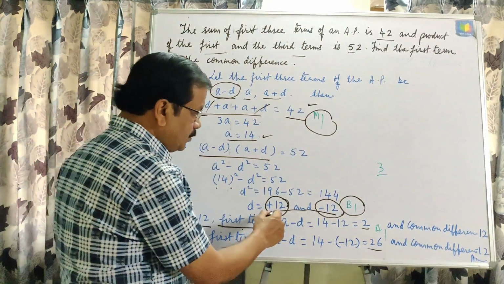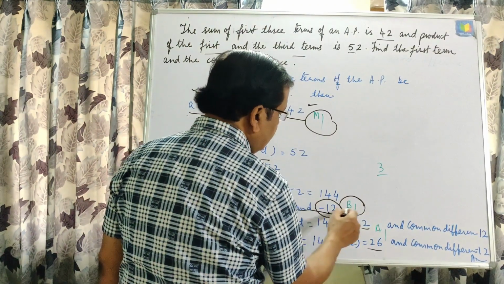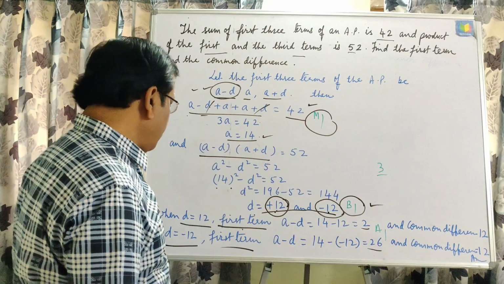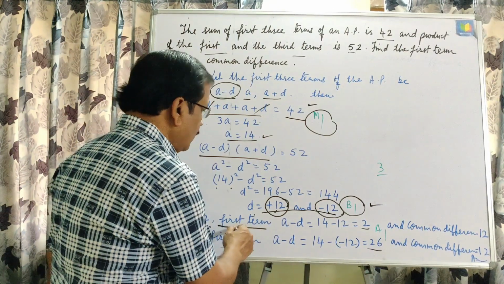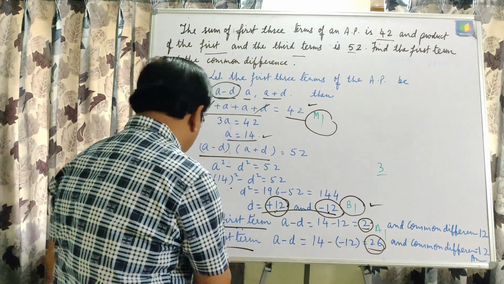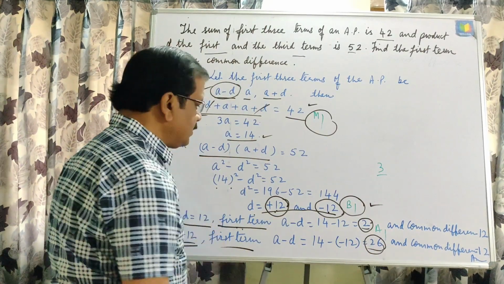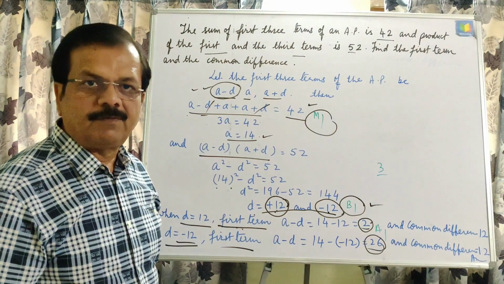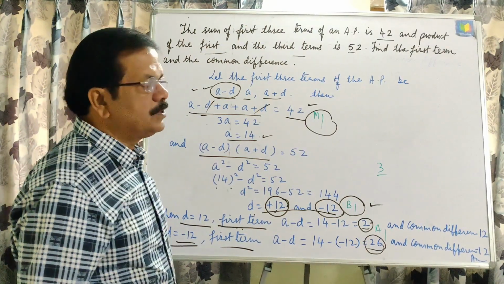Okay, and plus 12 and minus 12 written correctly, then d1 will be given. And in the same way, for getting first term 2 and 26, taking d equal to 12 and d equal to minus 12, both values correct, then the answer mark will be given. Okay, this is all about this question.